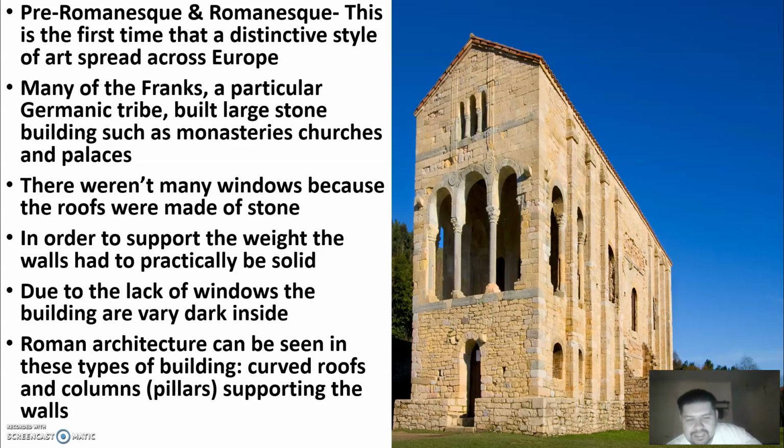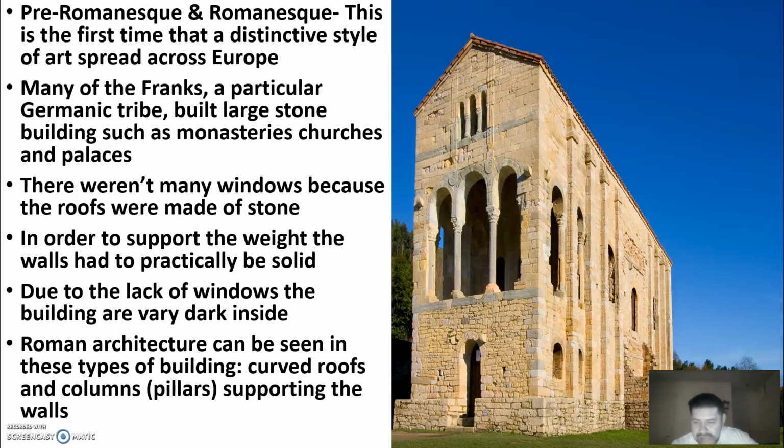That's why there are not many windows, and why a lot of these buildings were very, very dark, and they are still dark to this day. Those that survived, you can go see them, but they're very dark. Thanks to electricity, though, you can now see.